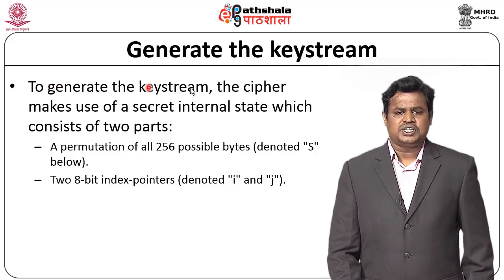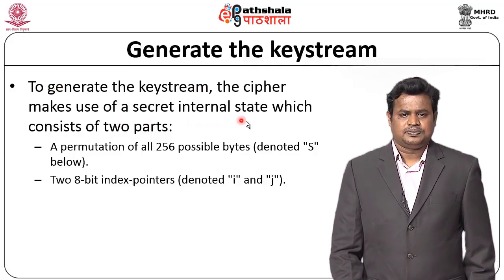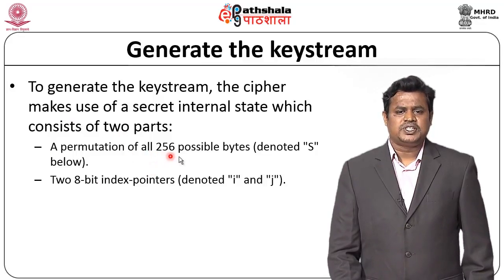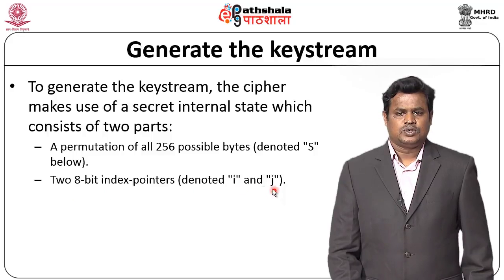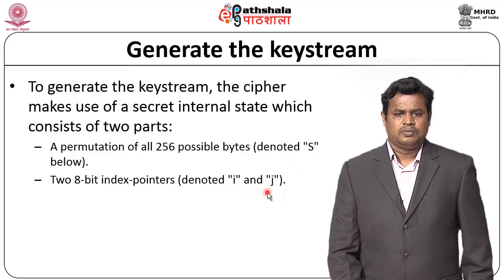To generate the key stream, we have a secret internal state which consists of two parts. Before going to KSA, we should understand this: a permutation of all 256 possible bytes and two 8-bit index pointers denoted as I and J. So, there will be S, I and J. These are the internal secret state for the generation of your key stream.